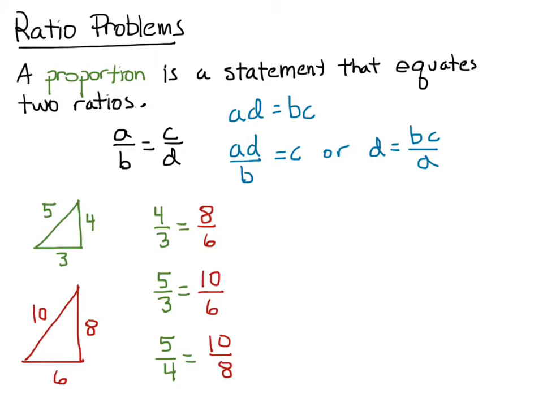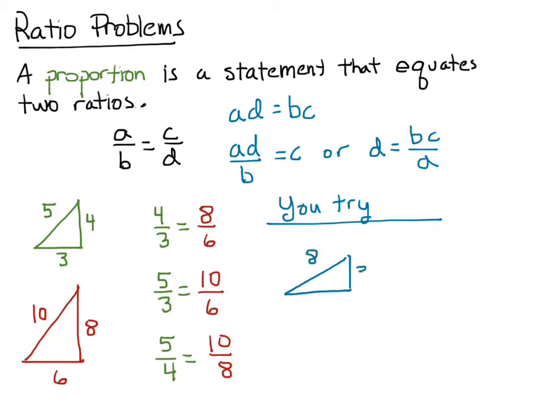Or you can say the hypotenuse over 3 is the same thing as 10, the hypotenuse of the red triangle, over 6. Or you can take the other two sides, and 5/4 is 10/8. And like I said earlier, if it's going to set up your problem a little easier, you can use the reciprocals. 3/4 is equal to 6/8, those kinds of proportions.